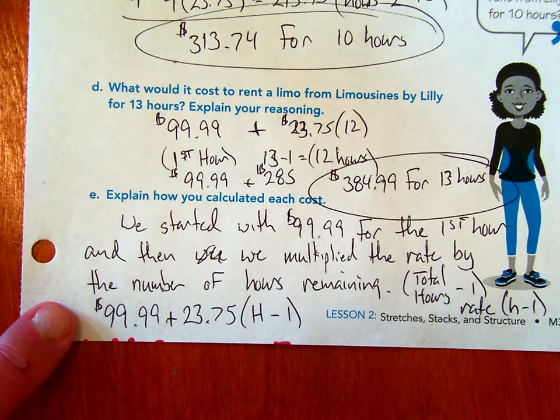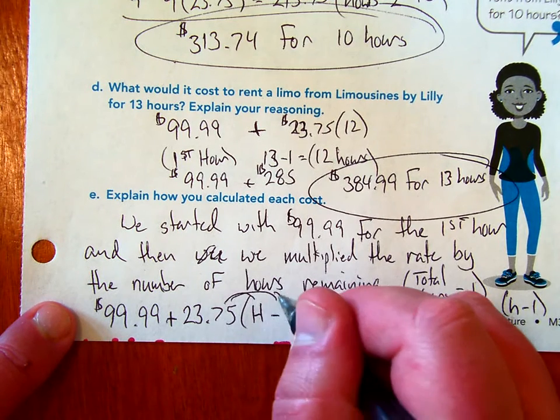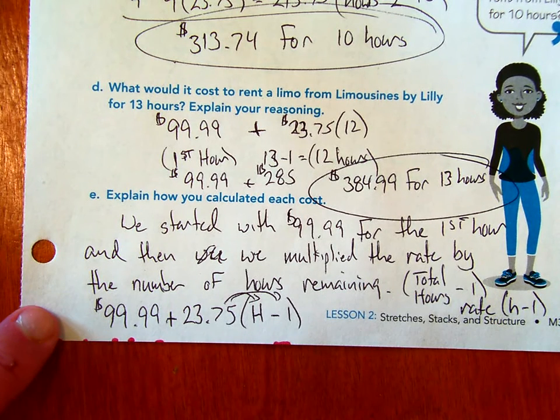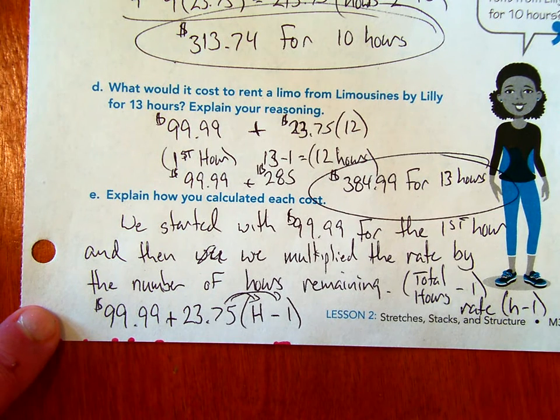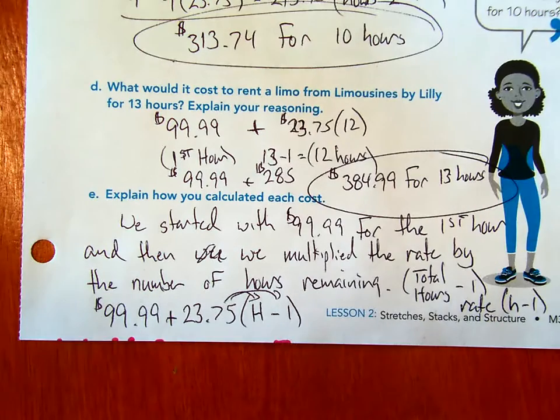And if we distribute this, we'll be able to get any number of hours with that equation, or that expression. So hopefully, let me know if you have questions on this. Email me or text me through Remind.